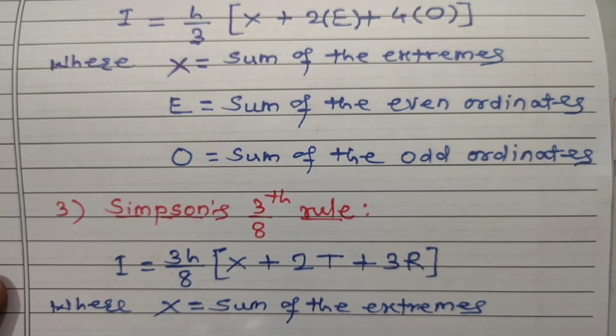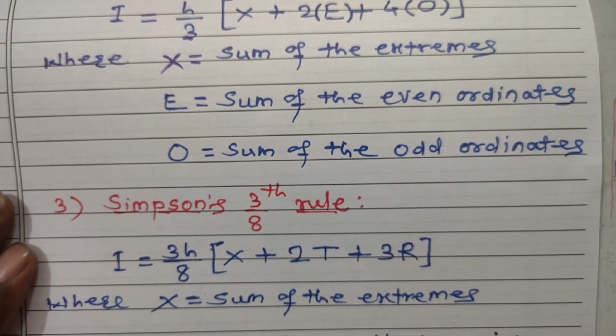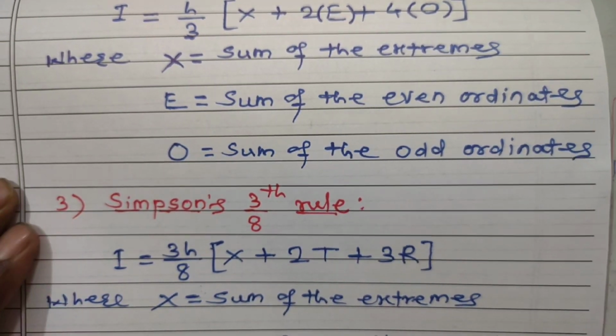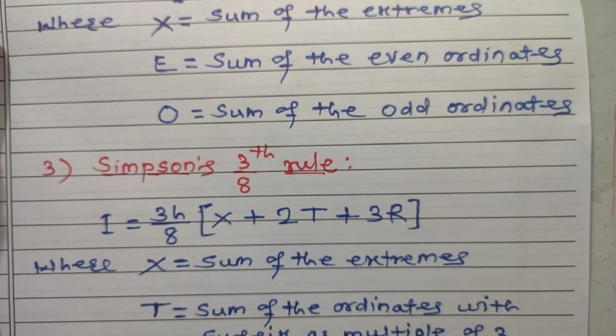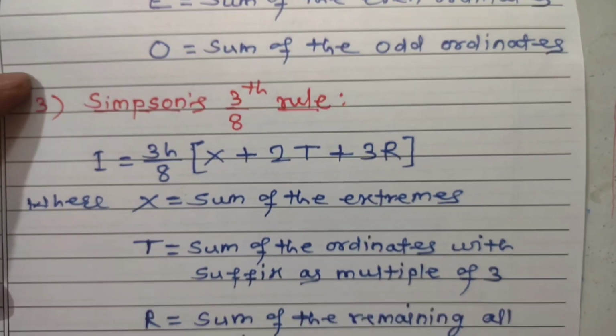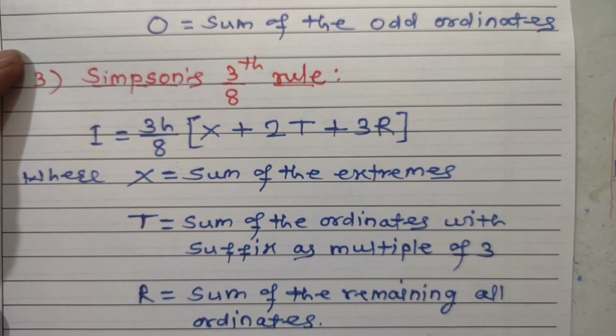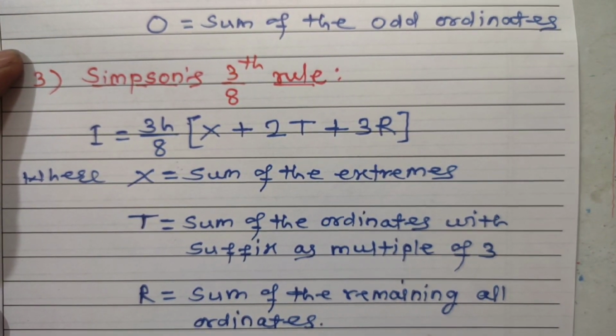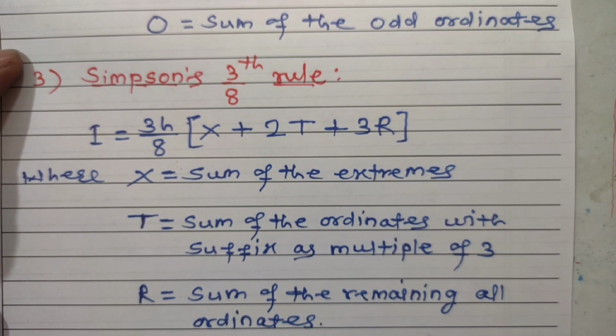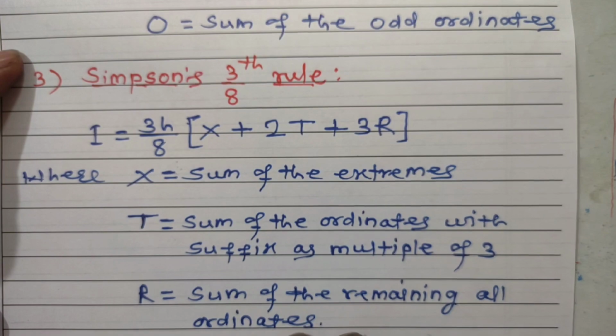Capital T is nothing but sum of ordinates with suffix multiple of 3. And then R is sum of the remaining all ordinates. These are formulae for finding value of definite integral applying trapezoidal rule, Simpson's 1/3 rule, and Simpson's 3/8 rule.